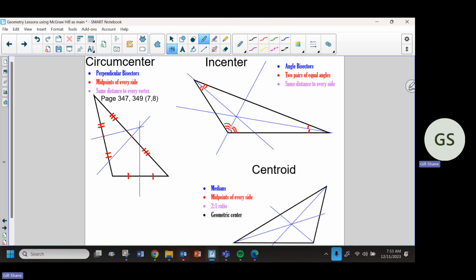So what's the one that's not up there? Which one did I not put up there? The one with altitude.